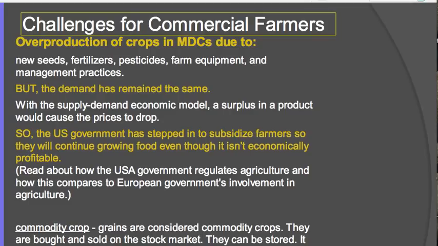The five, if I can remember, is wheat and corn, soybeans, and cotton, and the last one, I can't remember. Oh, rice, that's right. So these are commodity crops, and these are the things that are largely subsidized. So fruits and vegetables and such, and dairy, are not subsidized by the government.